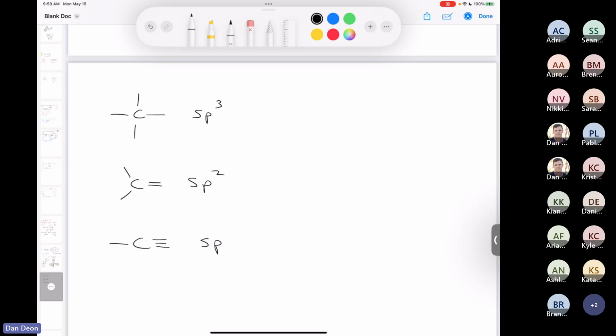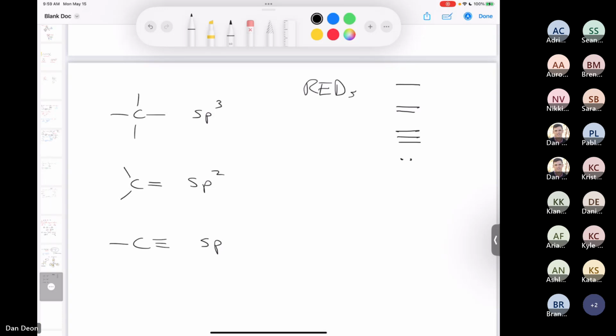Because when we're talking about regions of electron density, or REDs as I like to call them, if you have a single bond, that counts as a region of electron density. If you have a double bond, that counts as one region of electron density. If you have a triple bond, it counts as one region of electron density. And if you have a lone pair, it also counts as a region of electron density.